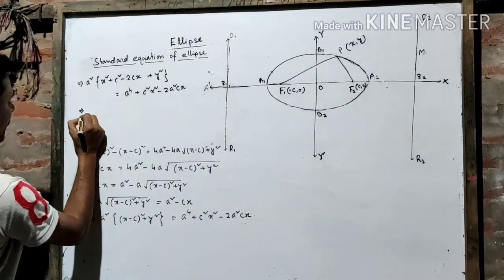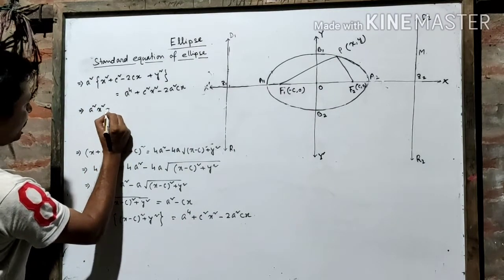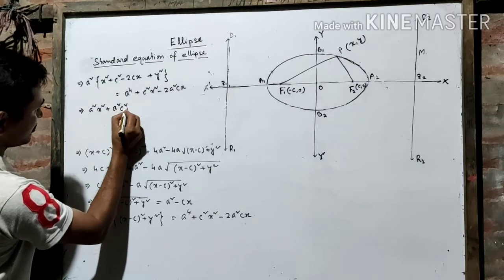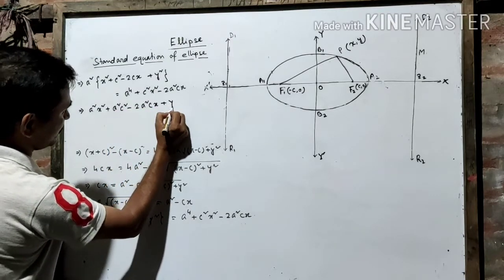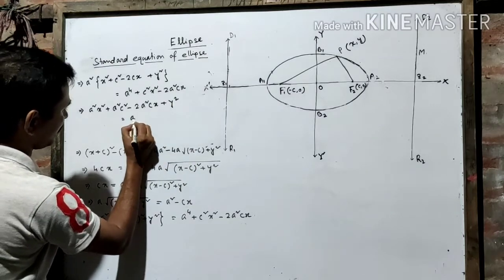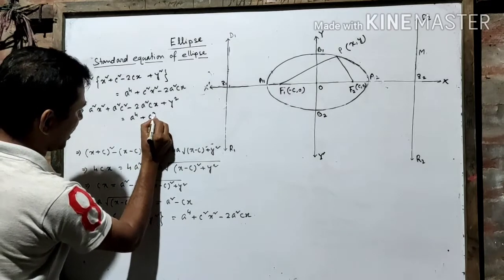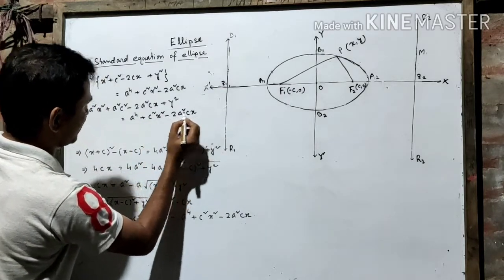Applying the distributive property, a square x square plus a square c square minus 2a square cx plus a square y square is equal to a to the power 4 plus c square x square minus 2a square cx.